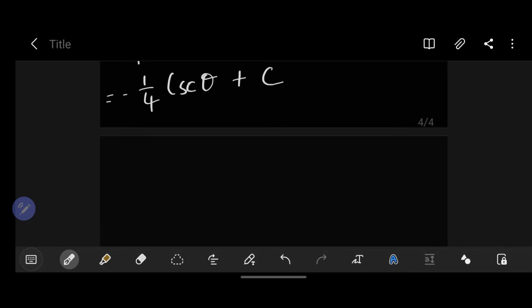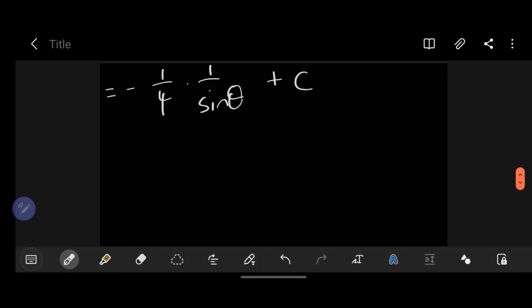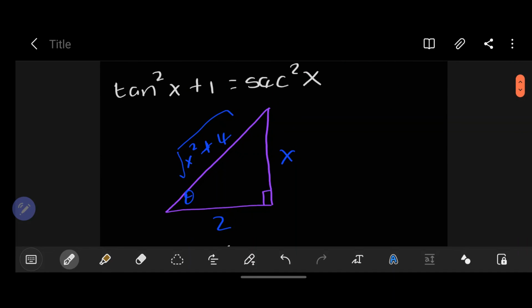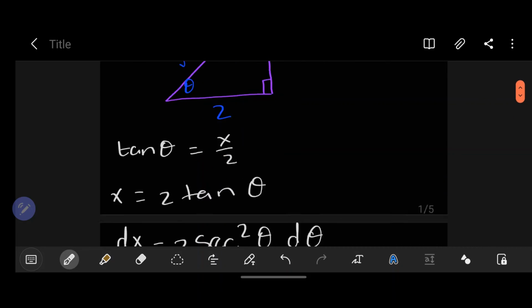So what is cosec theta? It is 1 over sine theta, so negative 1 over 4 times 1 over sine theta plus c. So what is sine theta on my triangle here? Sine theta is opposite over hypotenuse, which is x over square root of x squared plus 4.